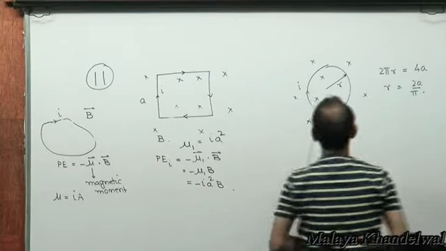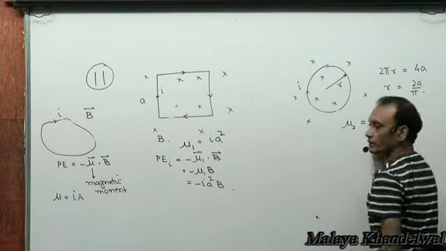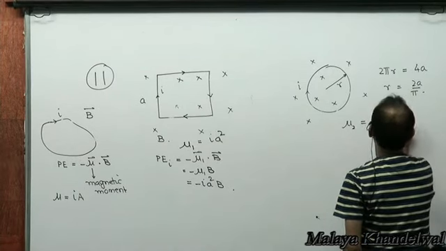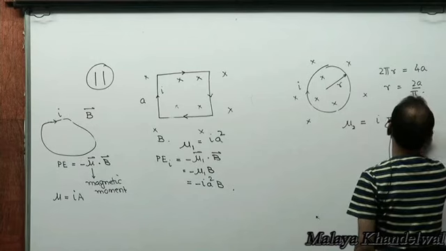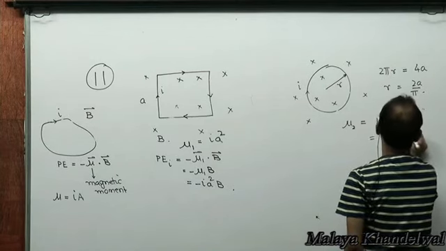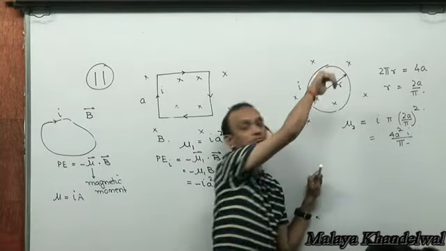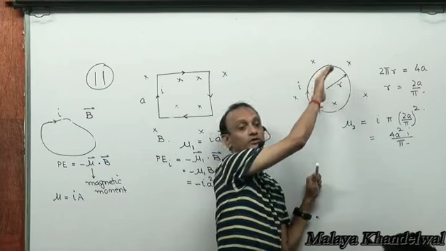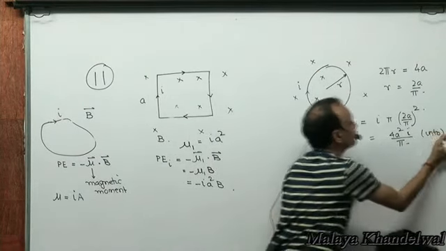Now in this case, what's the magnetic moment? I into pi r squared, pi into 2a by pi whole squared, which is 4a squared I by pi, is the magnitude. The direction is into the plane of the board, right?